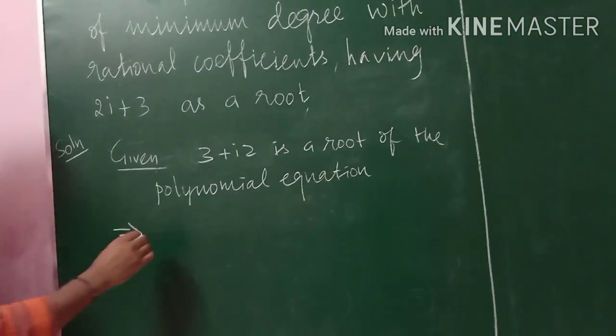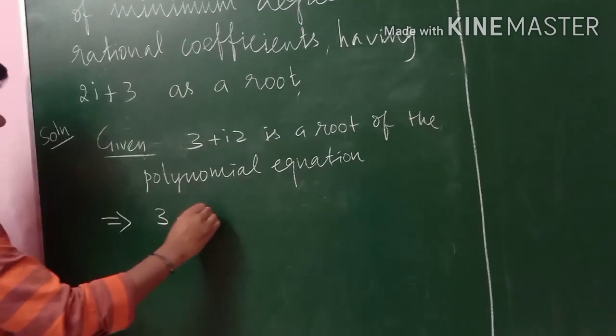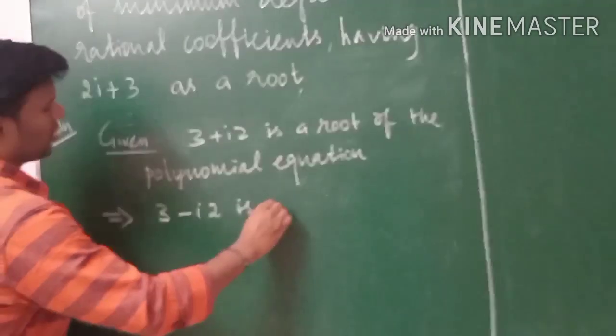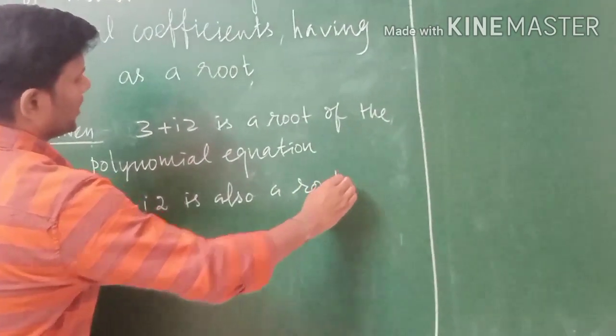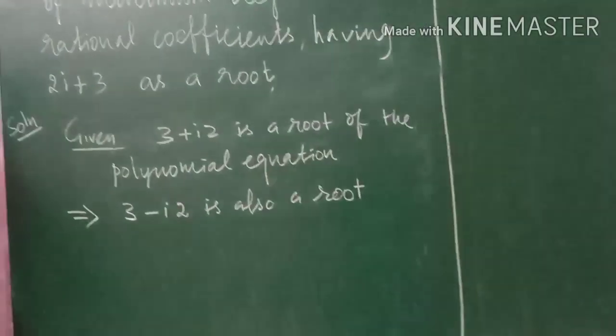By the conjugate root theorem, 3 minus i2 is also a root.